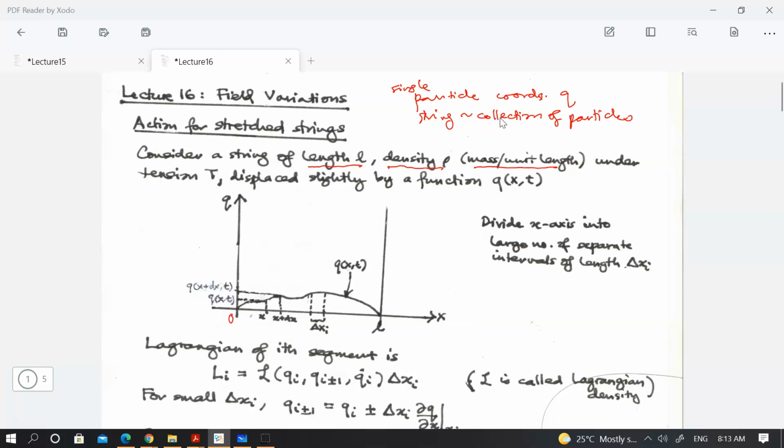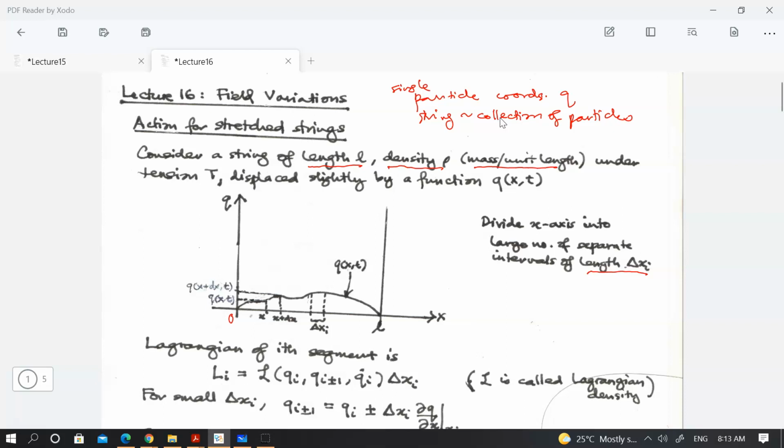So the idea is to divide the x-axis itself into intervals of length delta x_i. Here again, your q will be the position coordinate of a particle on the string.